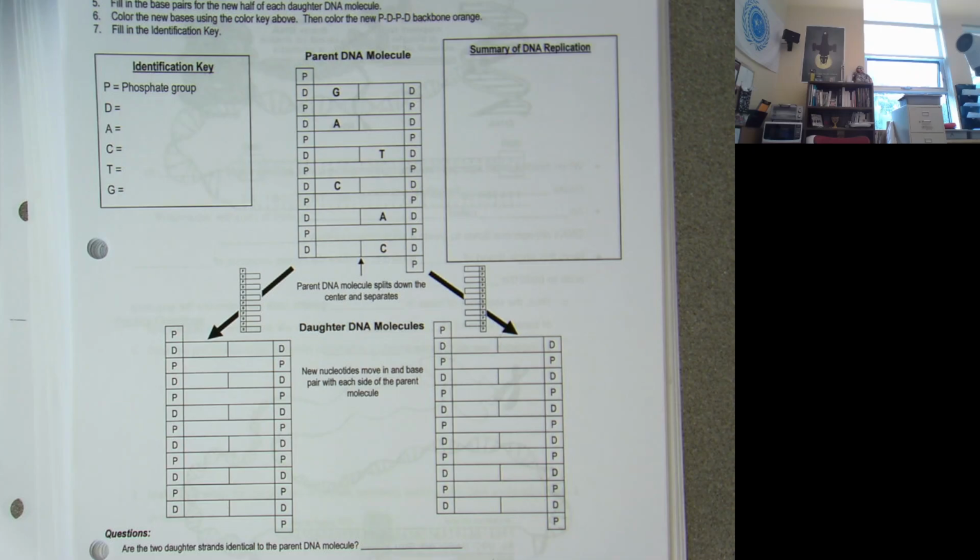What is the name of the sugar in DNA? It's the D in DNA. Deoxyribose. That's why this is given the letter D. Because P stands for phosphate group, D stands for not just the generic sugar, but the specific sugar molecule, deoxyribose. That's what that D means.